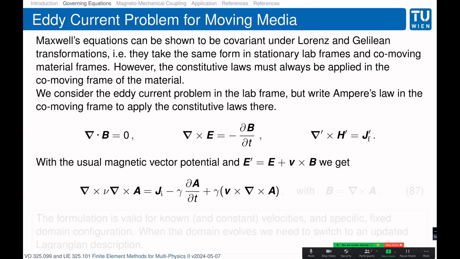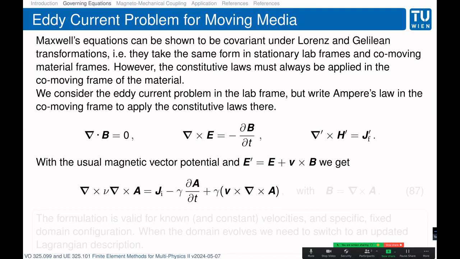Okay, so we're interested in the eddy current problem, and we want to formulate it for moving media. How do we do this? Just the general statement at the start: Maxwell equations can be written in a covariant form. That means they are structurally the same, no matter in which frame you formulate them. But you have to do this using, I think they're called, 4-vectors that also contain time.